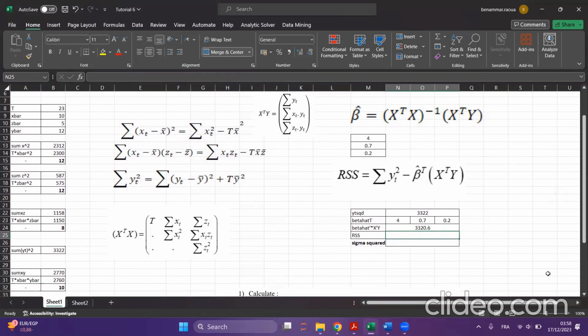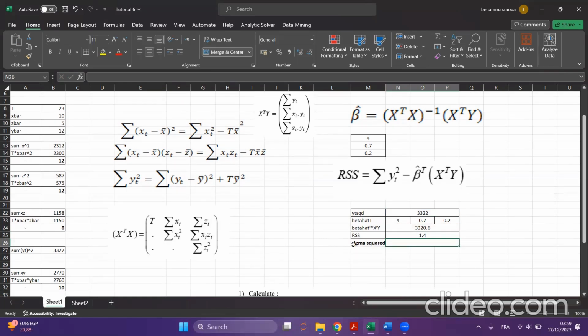So the residual sum of squares is equal to the sum of yt squared minus the second part, which is beta hat transposed by xty. So it's equal to 1.4.